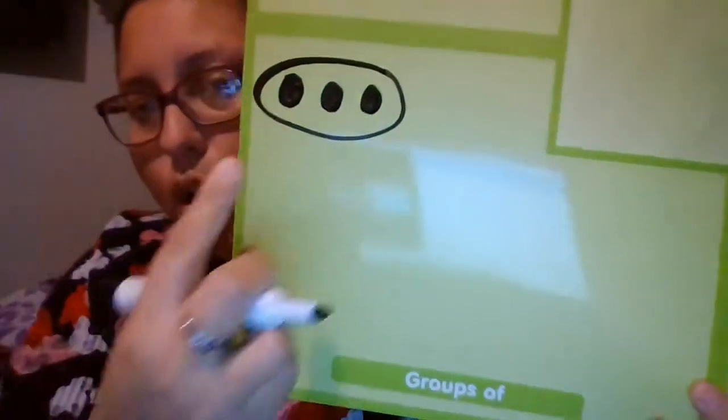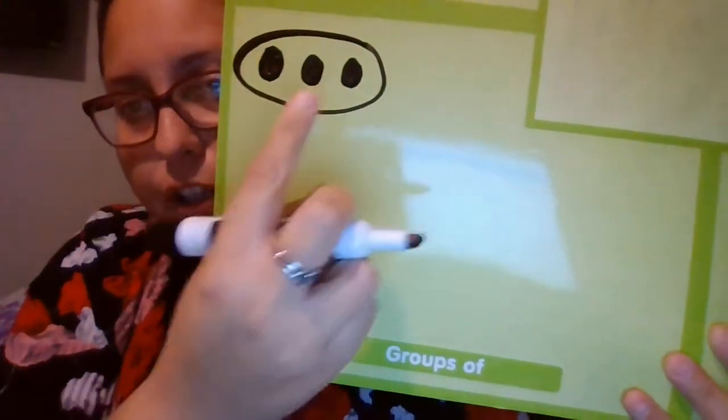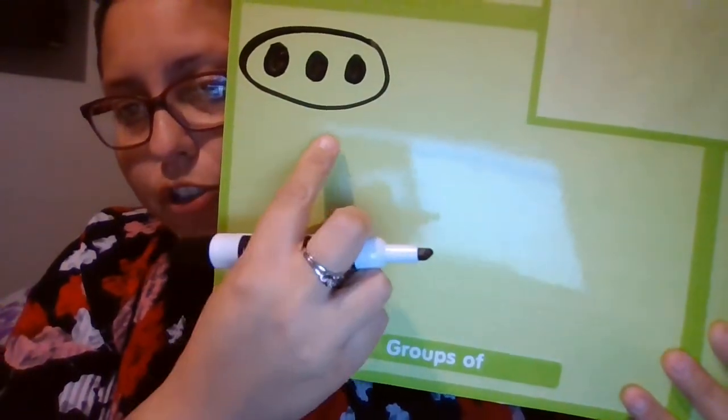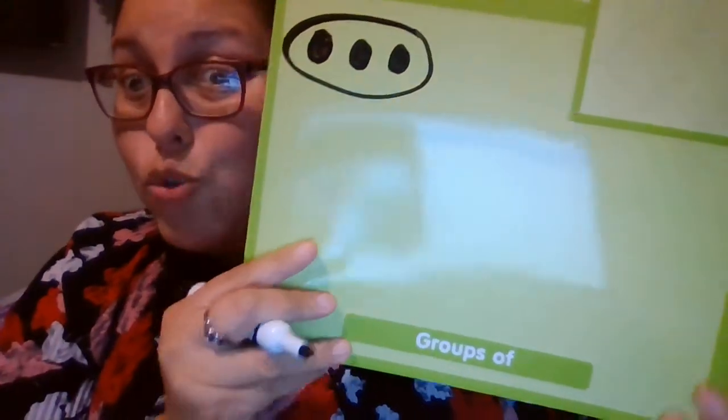Groups of 3. Now we have 21 cookies, right? I only want groups of 3. So I'm going to make 1, 2, 3, circle. Groups of 3. 1, 2, 3, circle. Then I'm going to make another one. 1, 2, 3, circle until I get to 21.